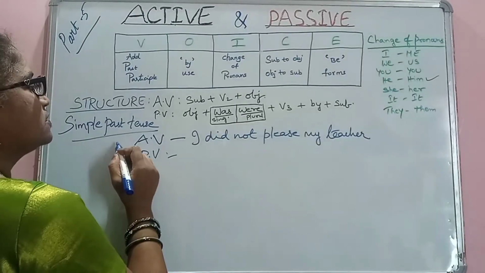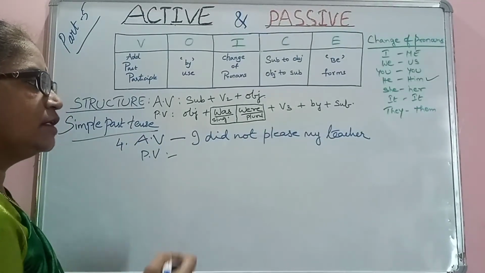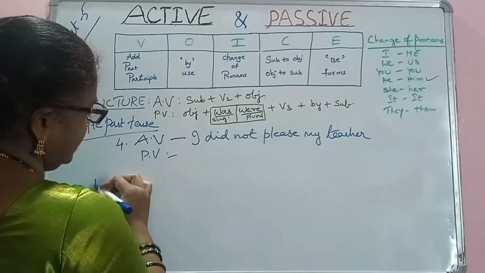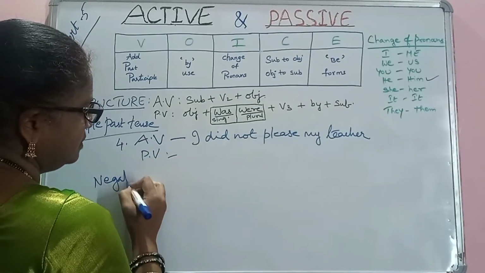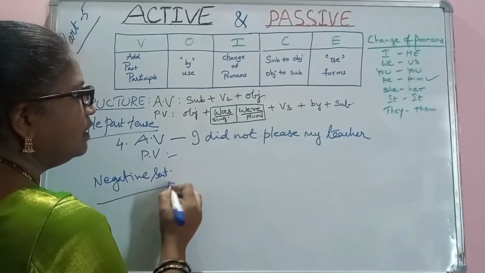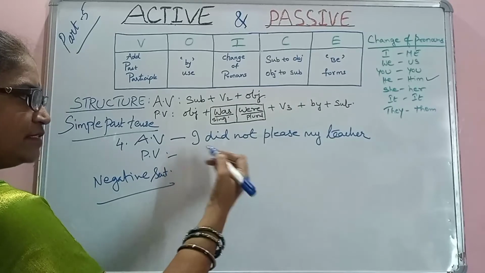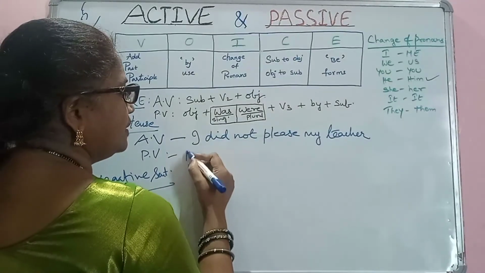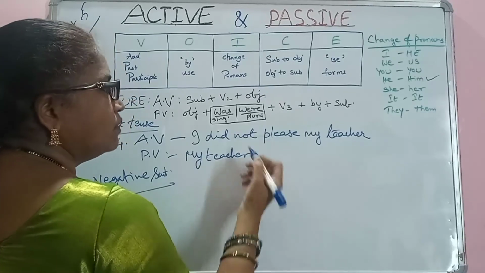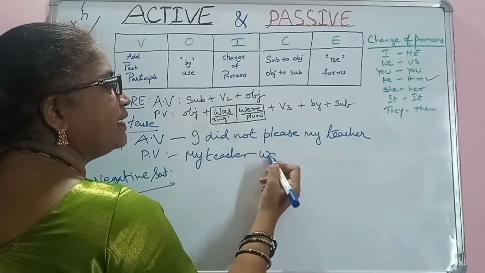This is the fourth sentence. See here, this is a negative sentence. When we change that, my teacher did not please, it becomes was not pleased.